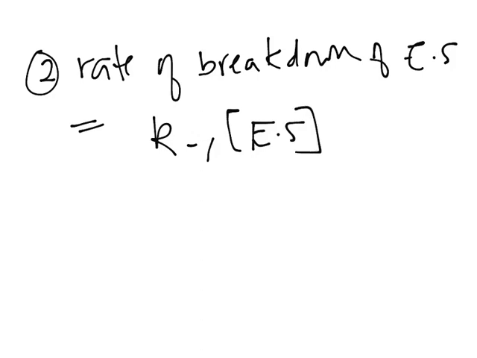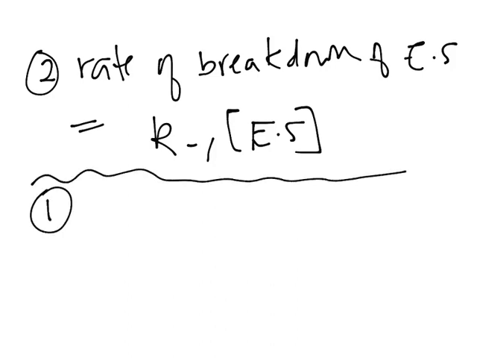So now I'm going to take the expression for number 1, and I'm going to rewrite the concentration of enzyme in terms of the concentration of enzyme total and the enzyme substrate complex. So I'm going to substitute in.